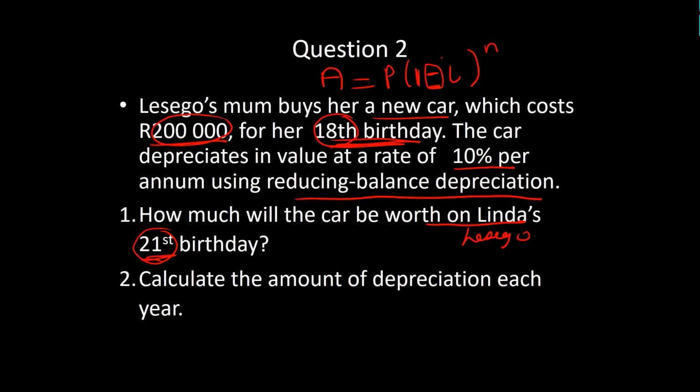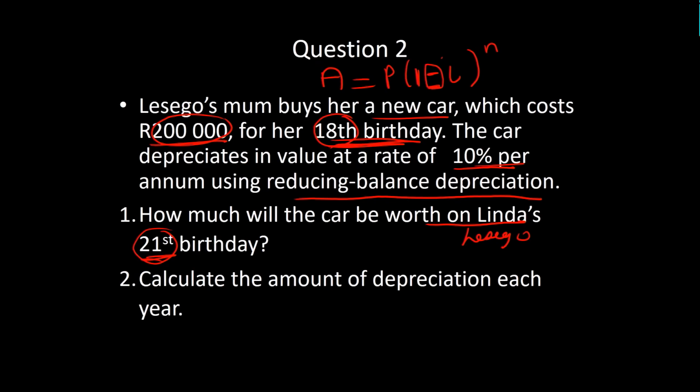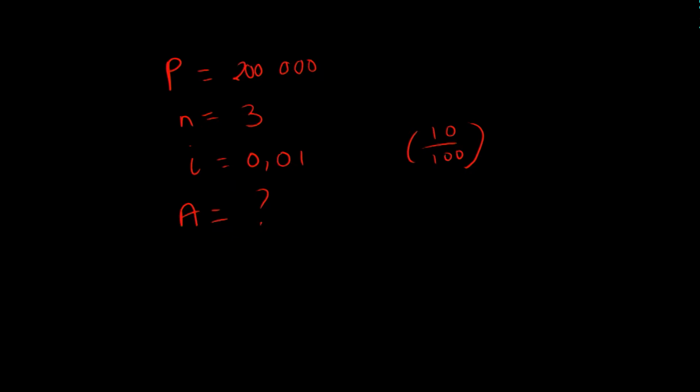All right. They tell us that the depreciation rate is 10% per annum. So i is 0,1. How do I get that? 10 divided by 100. And of course, we're looking for A. So they want to find out what is the value of this car on Lesejo's 21st birthday. So over 3 years, what will the value be?